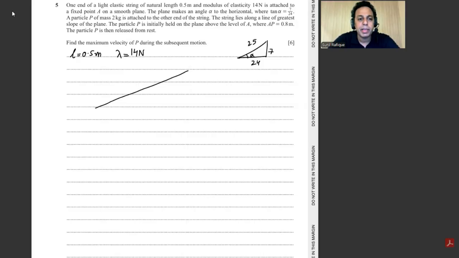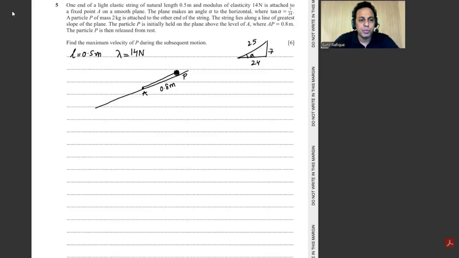There's an inclined plane, there's a point A somewhere, and there's a particle attached to the other end above the level of A. This string is parallel to the line of greatest slope, and this is 0.8 meter in length. So already we can see that there is an extension of 0.3 since it's an elastic string. The particle P is then released from rest.